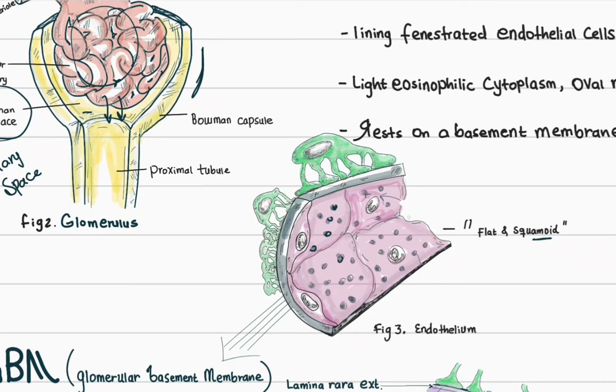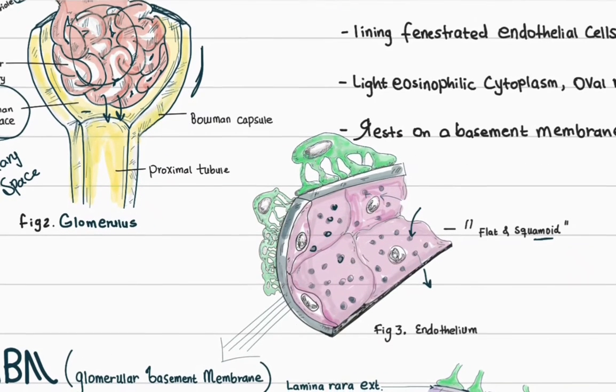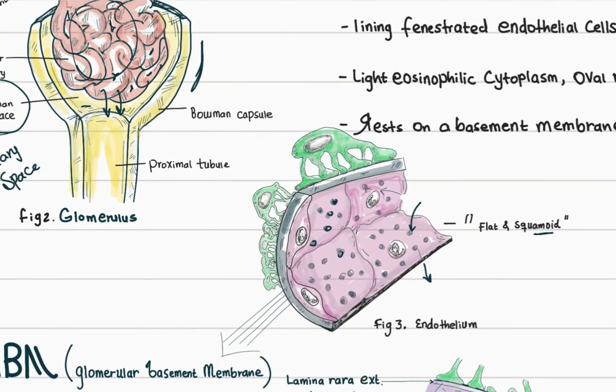Their function is to allow plasma fluid to enter the cells and exit into the Bowman's space. These endothelial cells have an oval to round, centrally located nucleus, and they stain light pink with eosin, giving them their characteristic appearance.